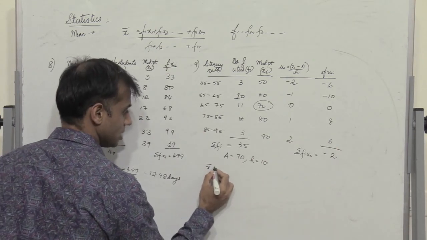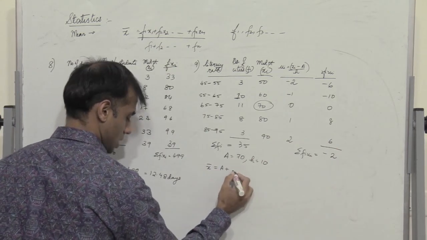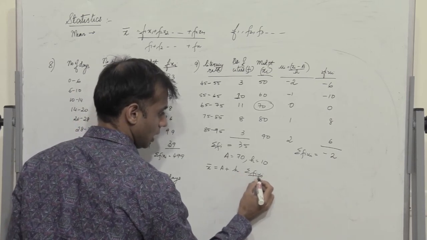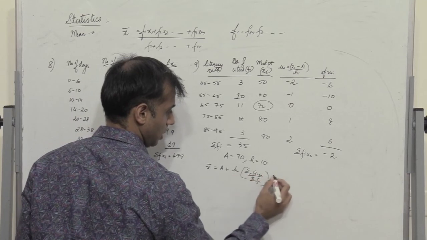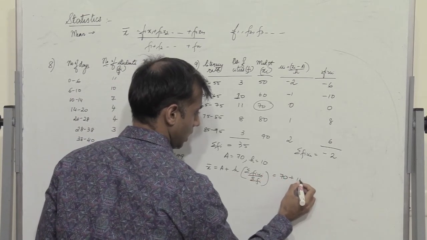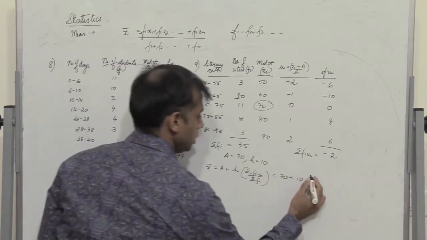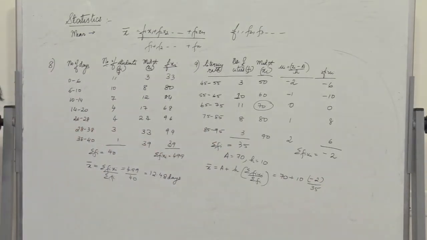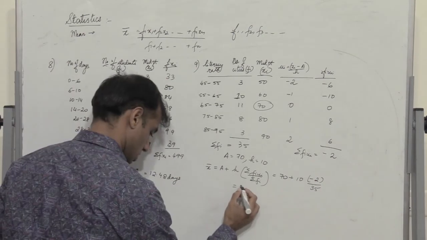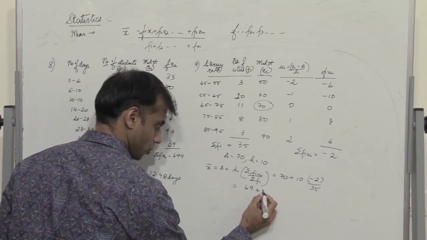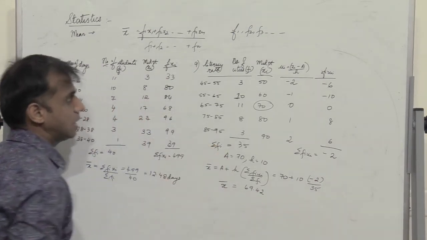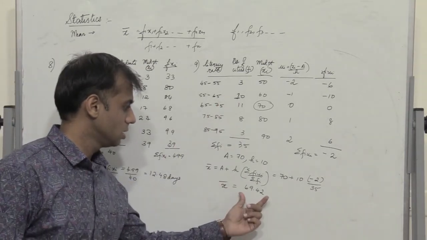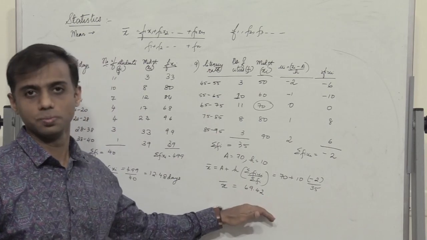The mean value is A plus H into summation FIUI divided by summation Fi. So we get 70 plus H is 10 into minus 2 by 35. Right? So we get the value as 69.42. So the mean literacy rate, considering all the cities, is 69.42.